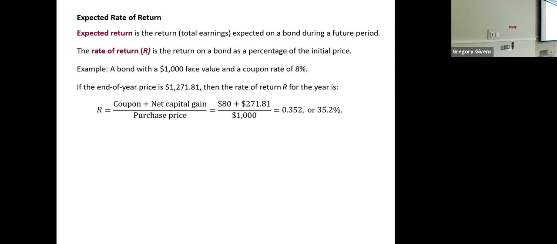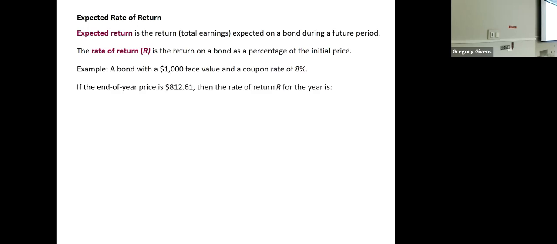In this case, what is the capital gain? It's 1,271 and change minus the initial purchase price of $1,000. So the net capital gain here is 271.81. We divide that sum by the initial purchase price of the bond, and we see that it's equal to 0.352 or 35.2%. So the 1-year holding period rate of return on this bond, given its sale price, is 35.2%.